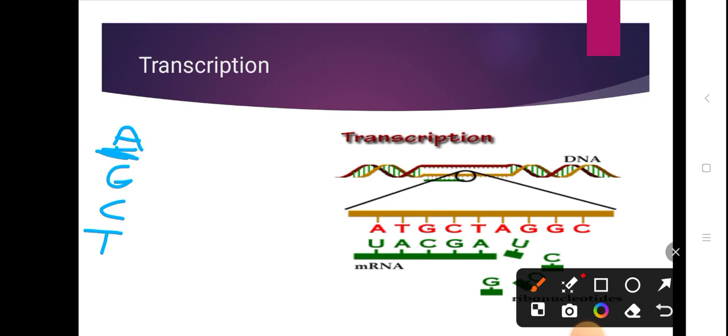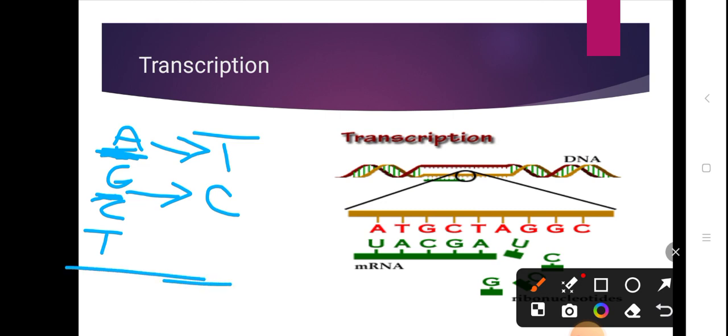In other words, the complementary nitrogenous base for adenine is thymine. But what about the complementary one for guanine? It is cytosine, okay? But what about transcription?